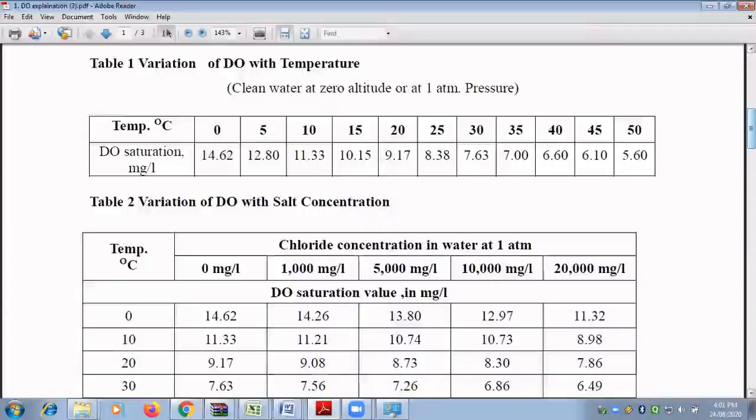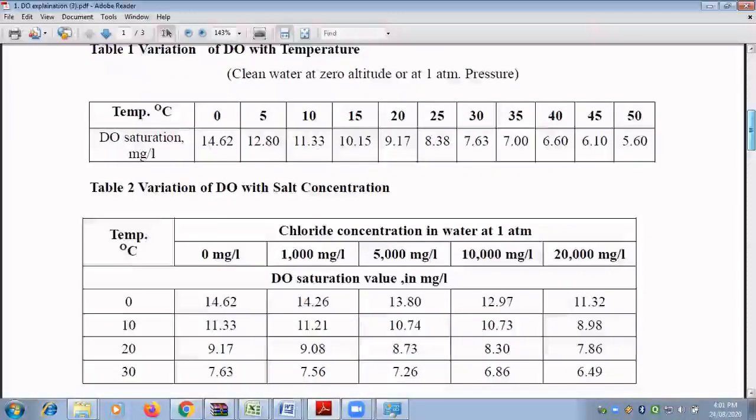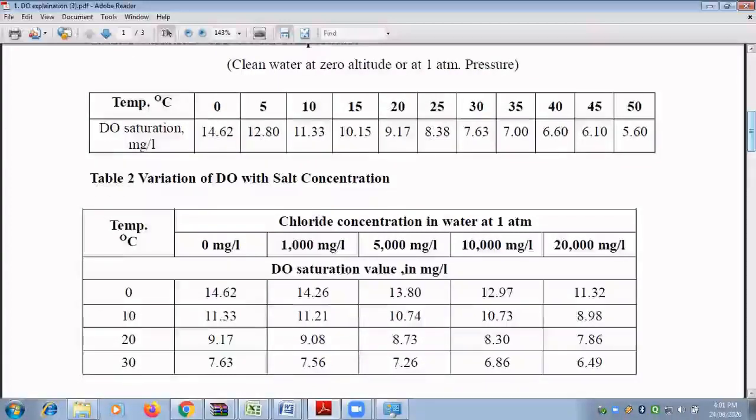When we start heating the water, the soluble oxygen in the water will start to get liberated. There is also a loss of the structural oxygen that is present. So both structural oxygen and dissolved oxygen are going to get liberated.